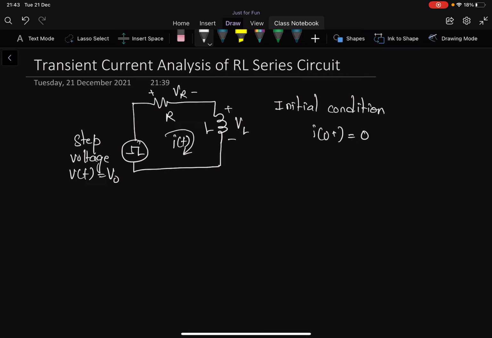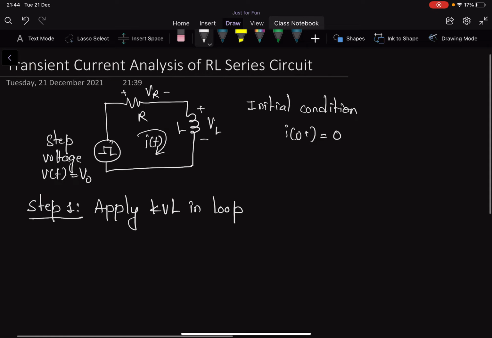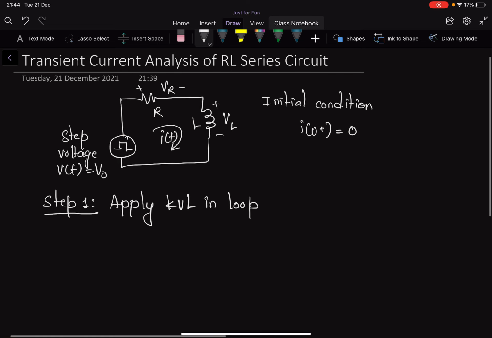So let's apply step 1. In step 1, we need to apply KVL in the circuit, in the loop. This is quite a good point to make a note of: whenever you have a series circuit, the best way to solve it is by applying KVL.